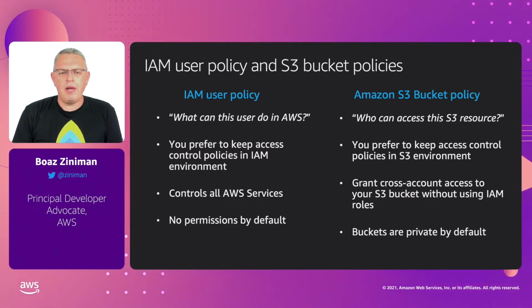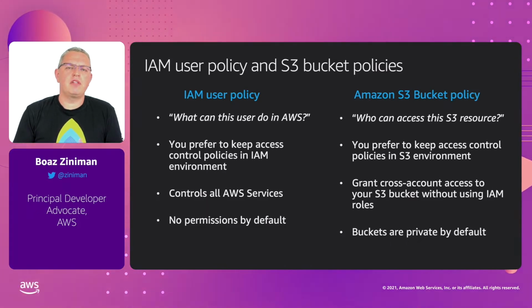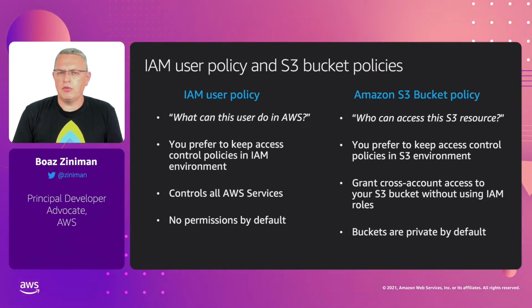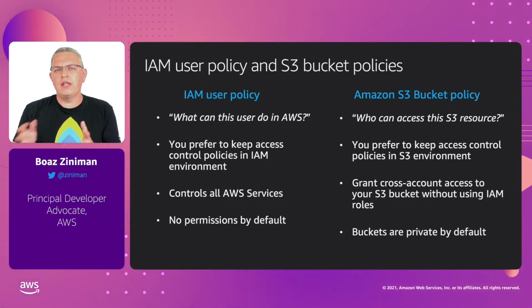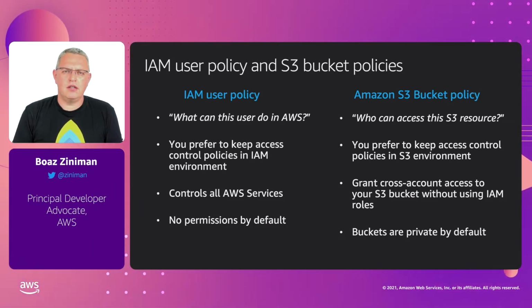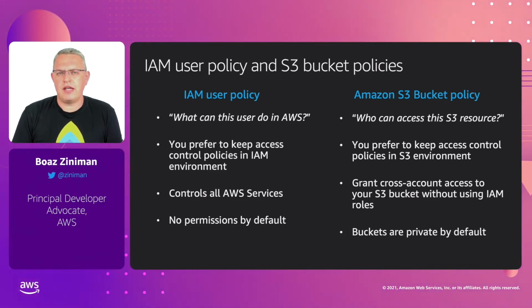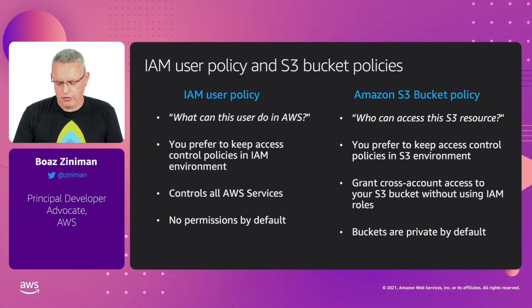And buckets are private by default, so this is something you should take into account. If you need to provide access, you need to make sure that you define who can access those buckets in addition to the owner of the data, which always has access by definition. So take this into account.